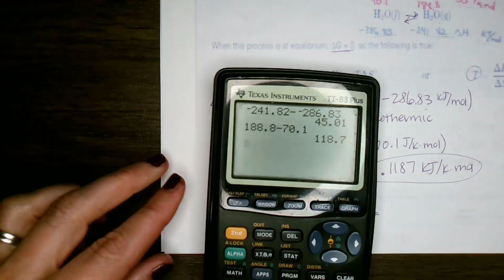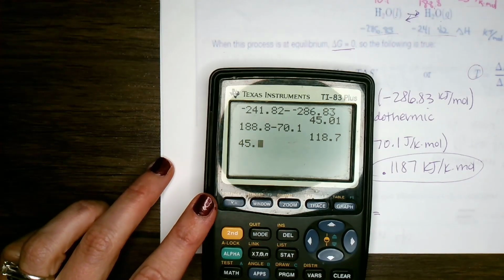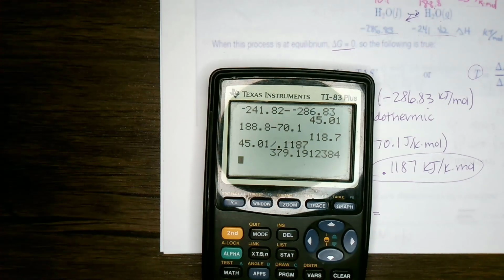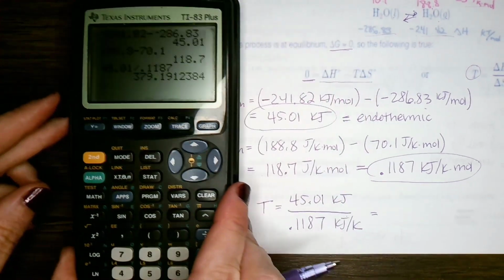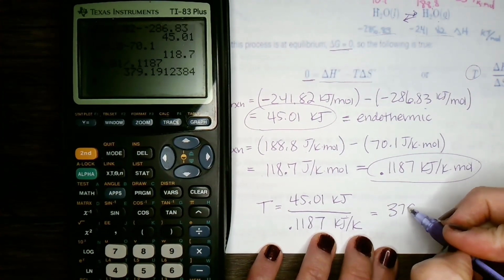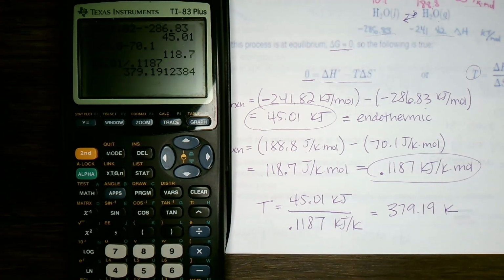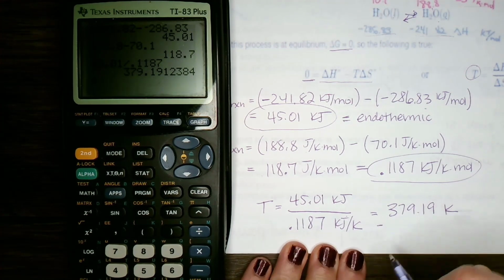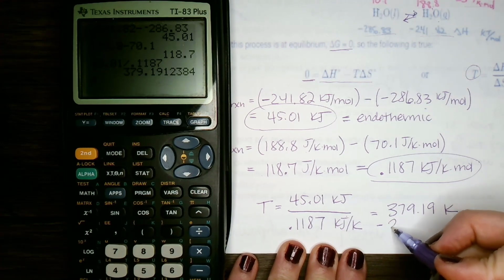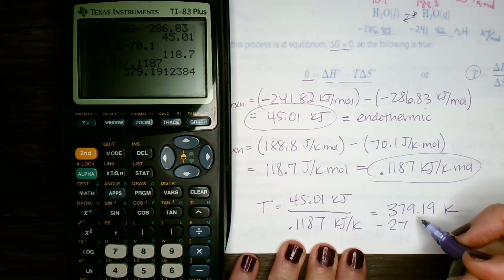So let's do 45.01 divided by 0.1187, and we get 379.19 Kelvin. But when we talk about the boiling point of water, we usually use Celsius. So let's put it into Celsius. We're just going to subtract 273.15.